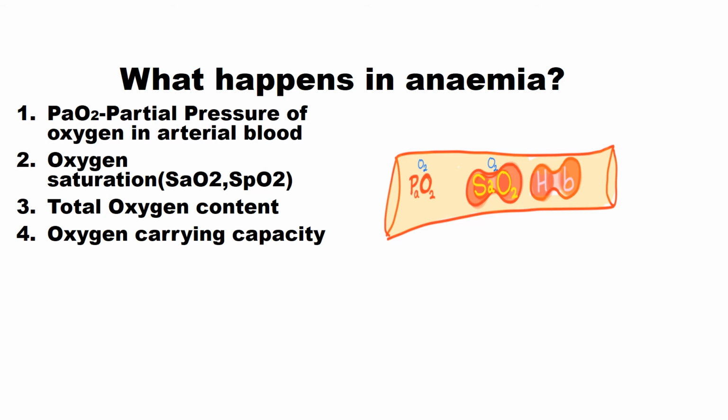Secondly, oxygen saturation is the ability of oxygen to combine with the heme molecule present in hemoglobin, and since there is no deficiency in the oxygen molecule as such, it will combine with whatever hemoglobin is present in all the 4 sites. Therefore, oxygen saturation will also remain normal.